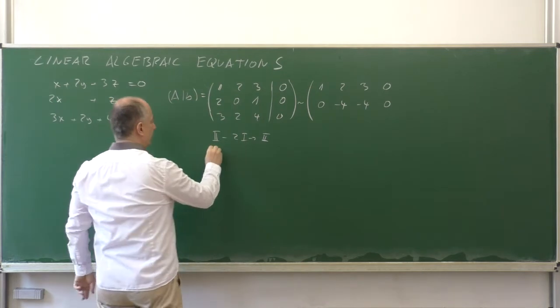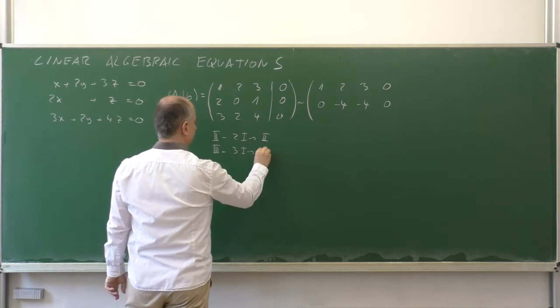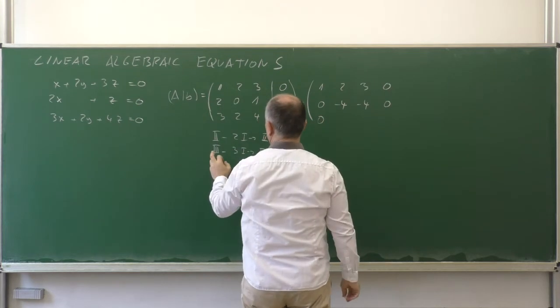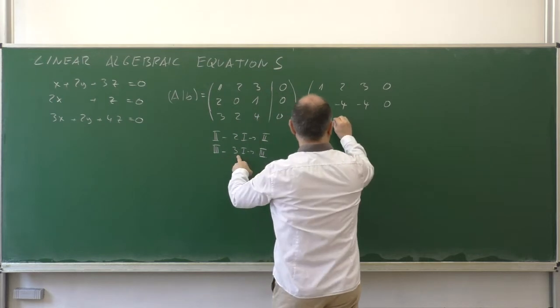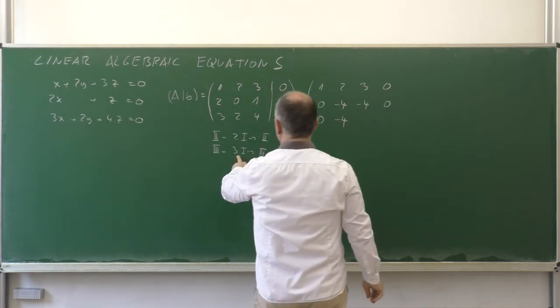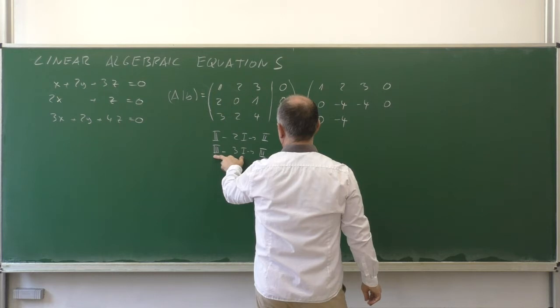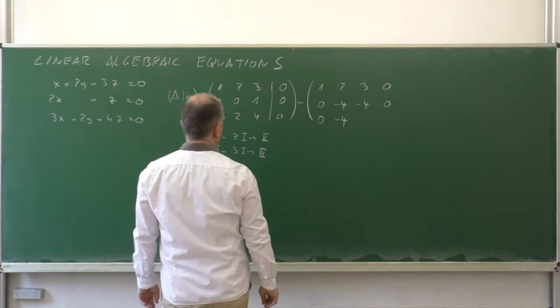And here we take the third row and we subtract 3 times the first one. 0, 2 minus 6 is minus 4, and 4 minus 9. Oh, sorry, something is wrong.